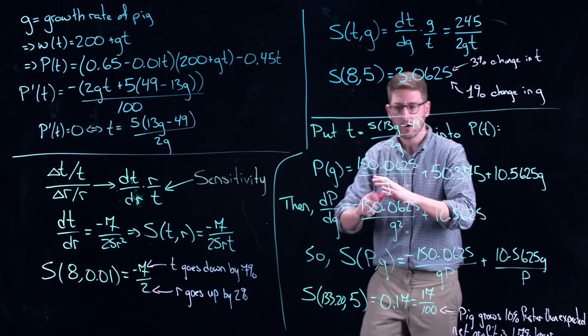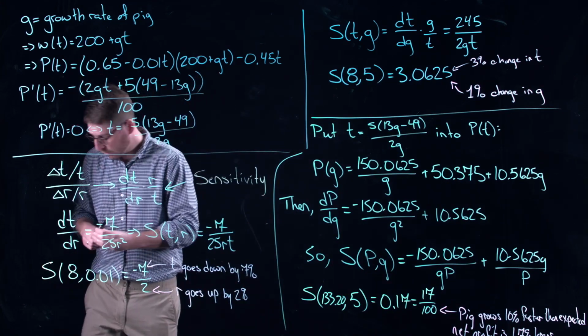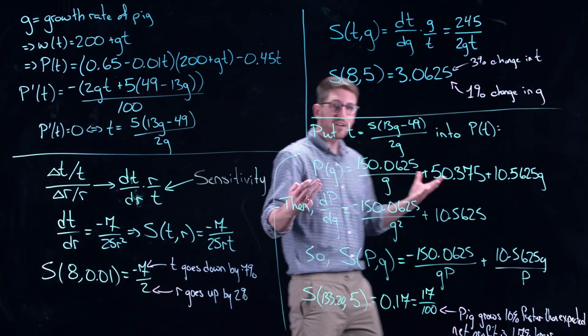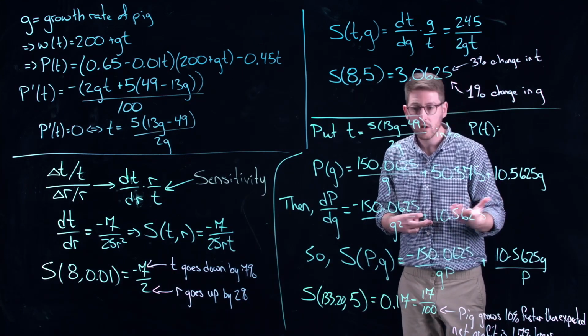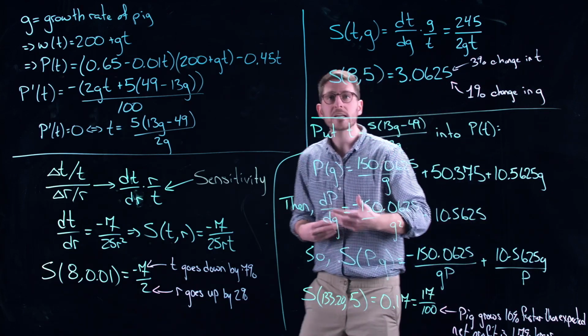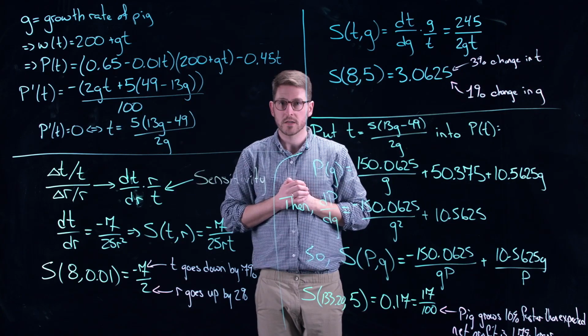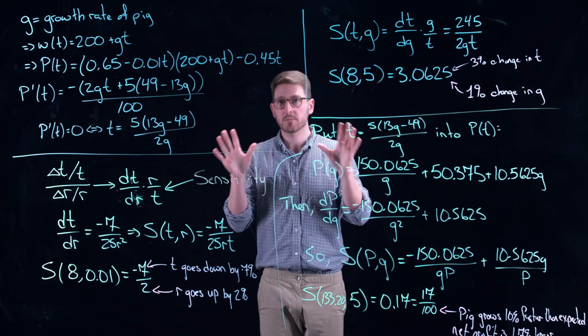So what does that tell you about the model? This tells you something very, very important about your model. It's okay to be off, because you're not really losing out on that much here. So let's zoom out and really think about what all of this says. I estimated my pig's going to grow 5 pounds per day.